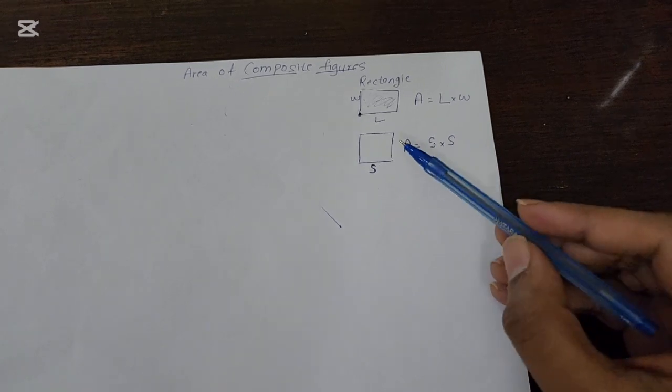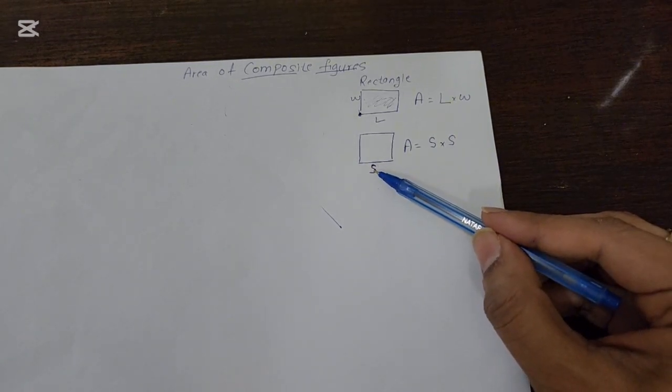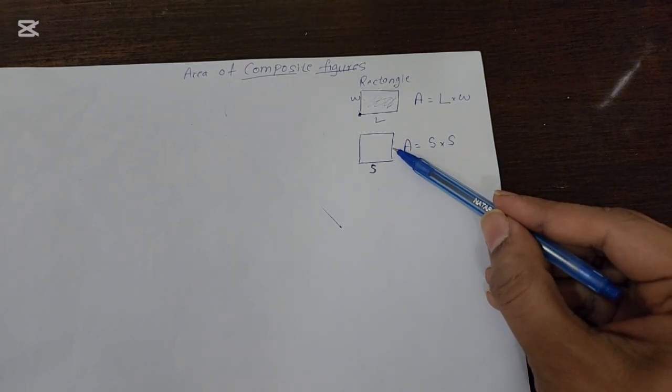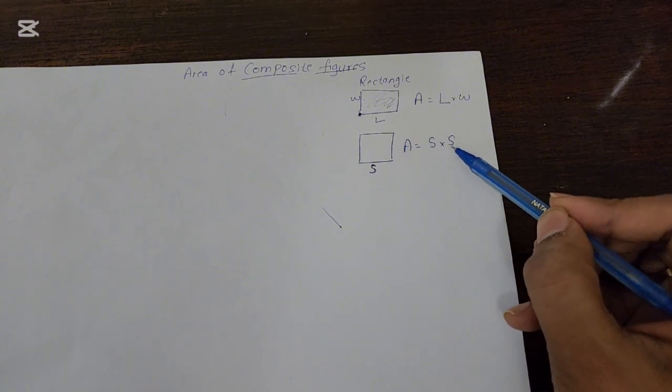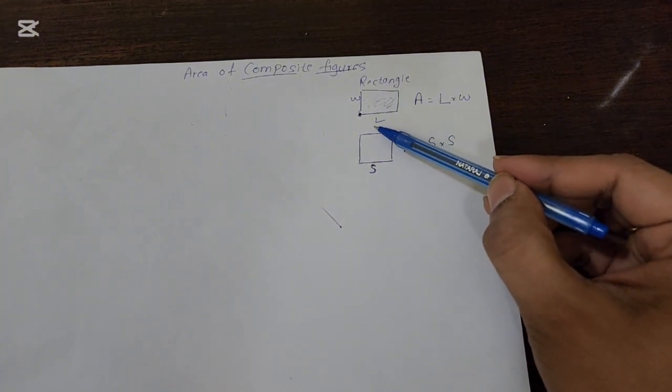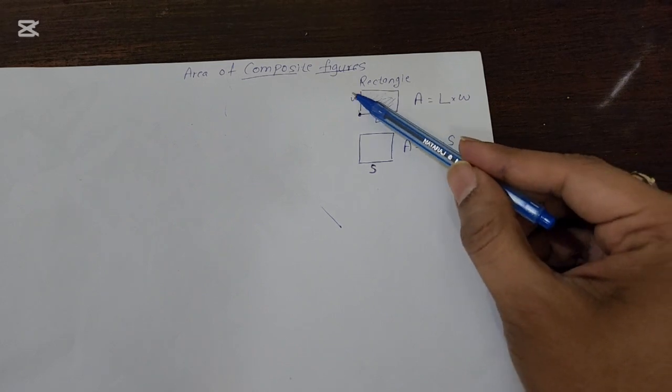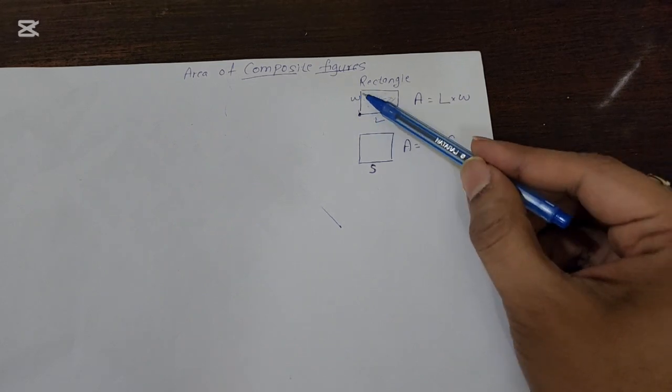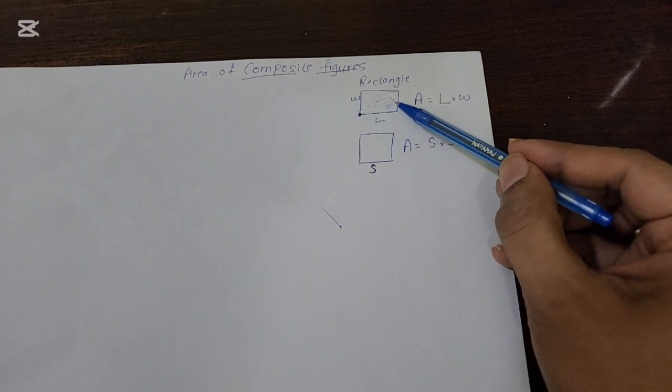For example, if this side is given, let's say 10, so it means the other one will also be 10. So you will do 10 multiply 10, that will give you 100. That is the area. In the rectangle, let's say the length is given 10 and the width is given 5. So you will do 10 multiply 5, 50. So 50 is the area.